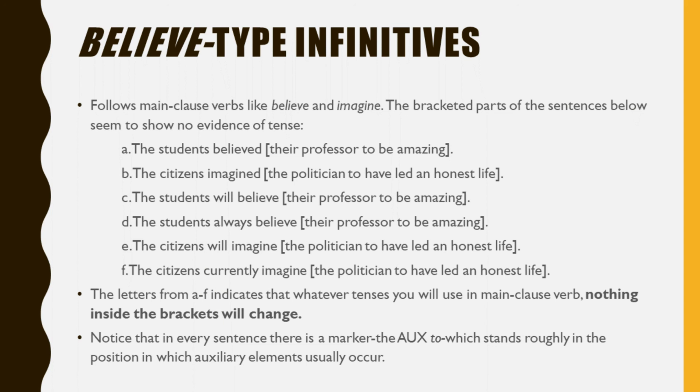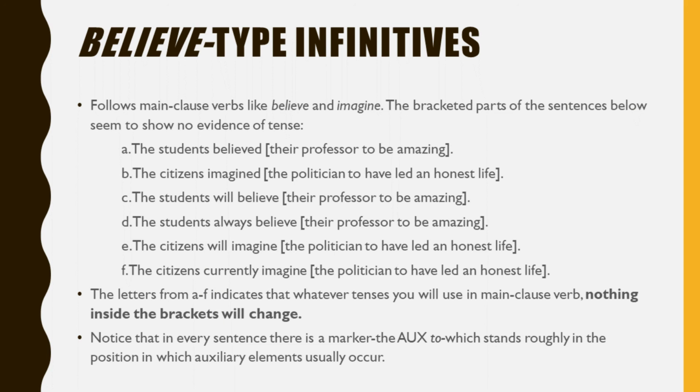The bracketed parts of the sentences below seem to show no evidence of tense, regardless of their main verbs, whether it is in a present habitual time or in past tense or it indicates future time. Nothing inside the brackets will change. Like other clauses that we have considered, they seem to possess both subjects and verbs.